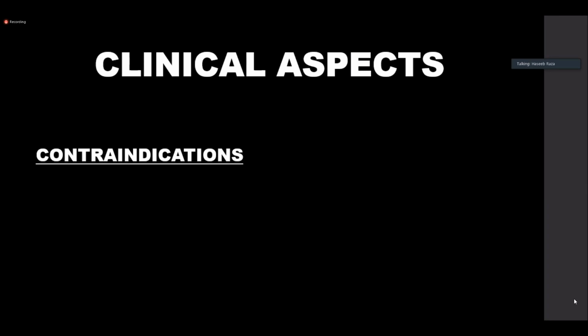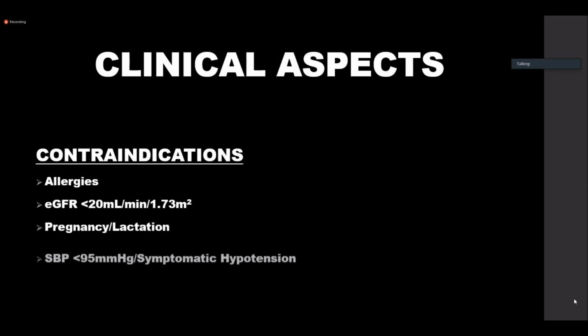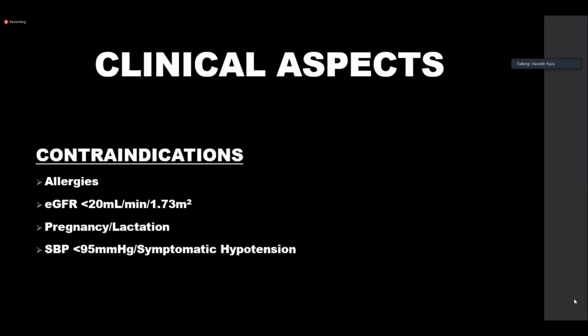Regarding the clinical aspects, when you're prescribing this, you must know the contraindications. You must know if the patient has any history of previous allergy. Limited data is available if the GFR is less than 20 ml per minute. Do not give in pregnancy and lactation.